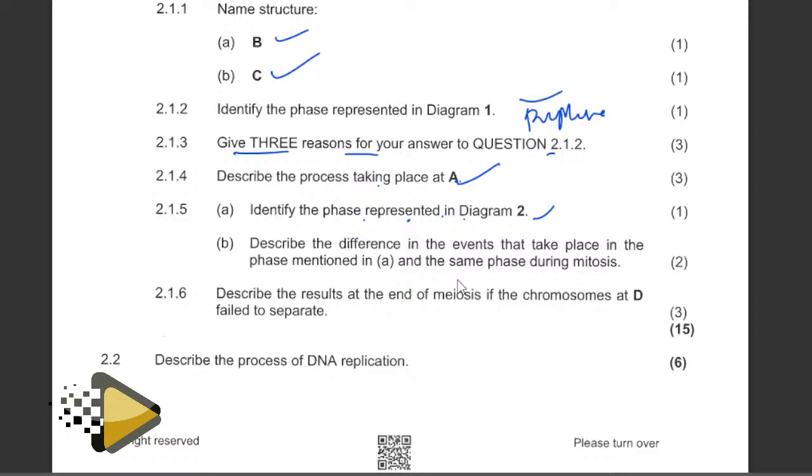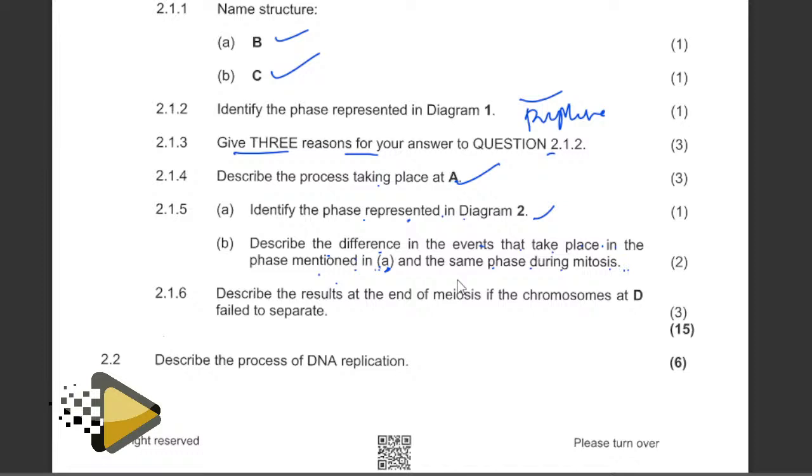They're saying describe the differences in the events that take place in the phase mentioned in A and the same phase during mitosis.